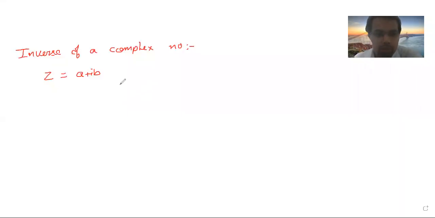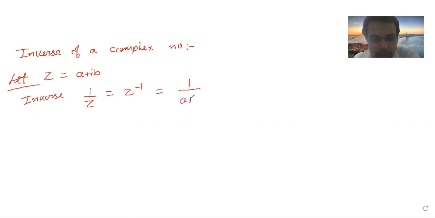Inverse of a complex number. The complex number is given as z equal to a plus ib. Then its inverse will be taken as 1 by z. 1 by z can be written as z inverse, and this will be 1 by a plus ib.